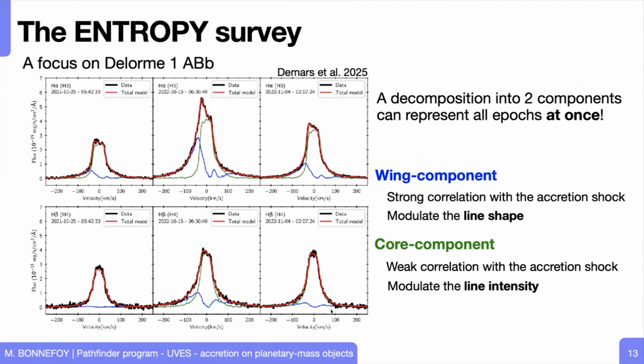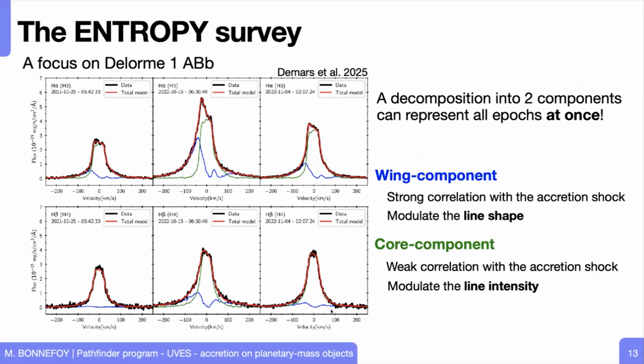So we decided to explore other possible decompositions, and what we found out is that using an algorithm similar to principal component analysis, we could find within the series of line profiles two possible components explaining the whole variability of the lines. One is the green component, the core component, which is very narrow.